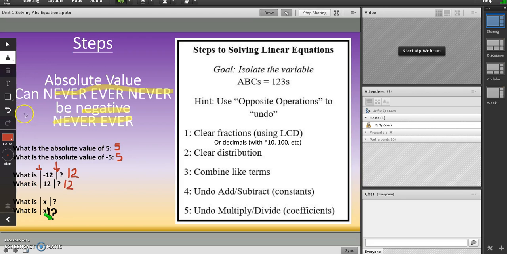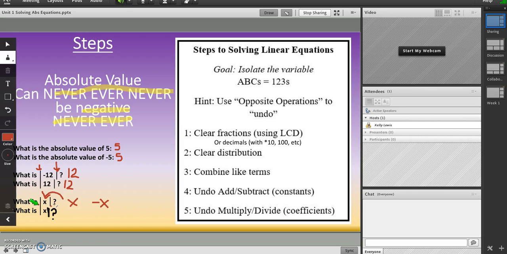Whatever's inside there, it can be that number, 4, 8, 24, 92, 5 million, whatever that number is. Or it could be negative that number. Negative 4, negative 12, negative 92, negative 5 million, 3/4, negative 3/4, because whenever you take the absolute value of that number, it becomes positive again.